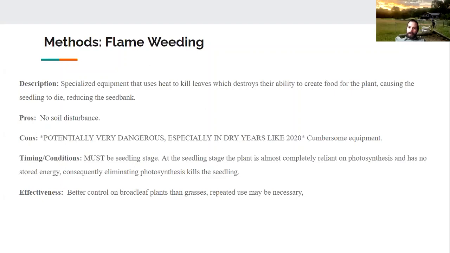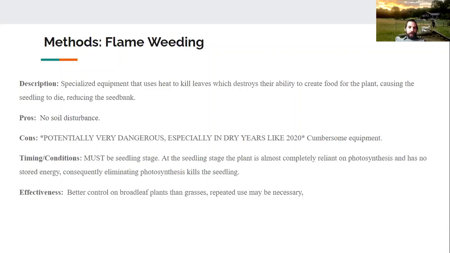Whenever I've done flame weeding before, it's usually in the rain or just after rain when the ground is saturated. Also, the equipment is rather cumbersome. I'll talk about that in a moment on the next slide.